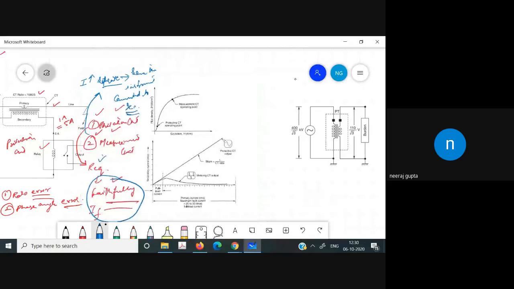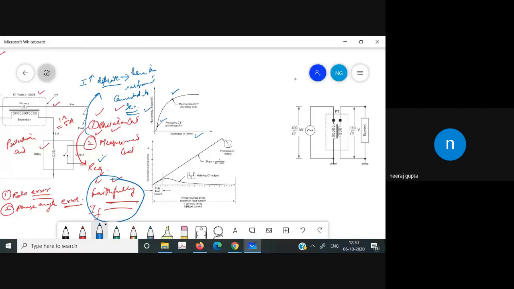So if you see, we have the BH curve of this. Now, this protective CT will operate at this point and the measurement CT will operate at this point.